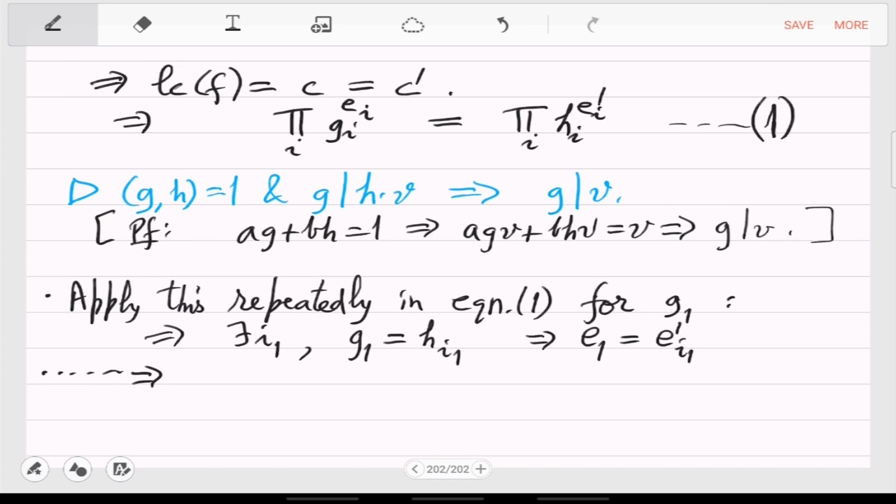So ultimately what you will get is there is a permutation pi such that G1 is equal to H pi 1 and E1 is equal to E prime pi 1.